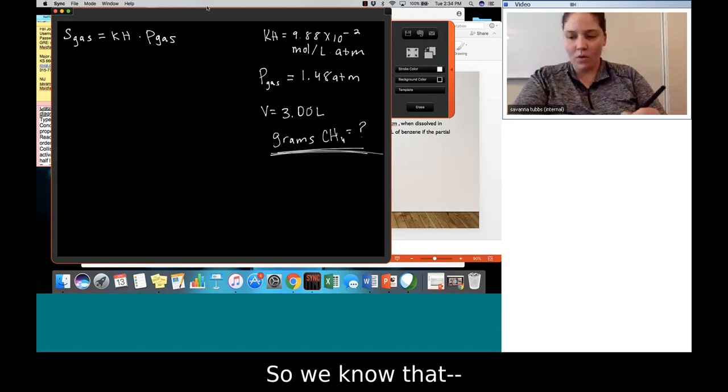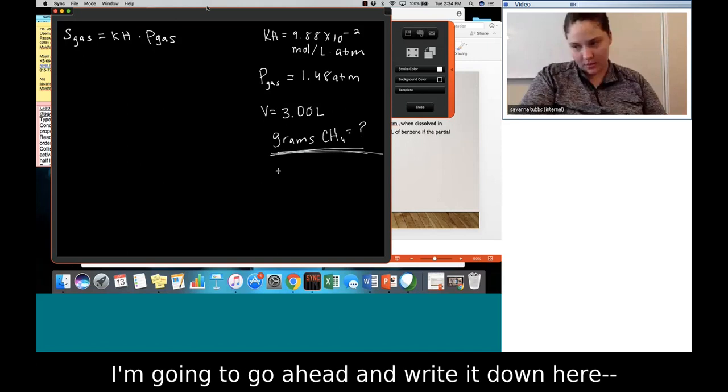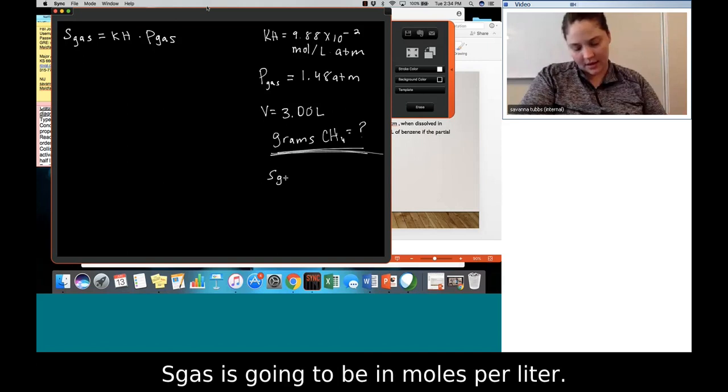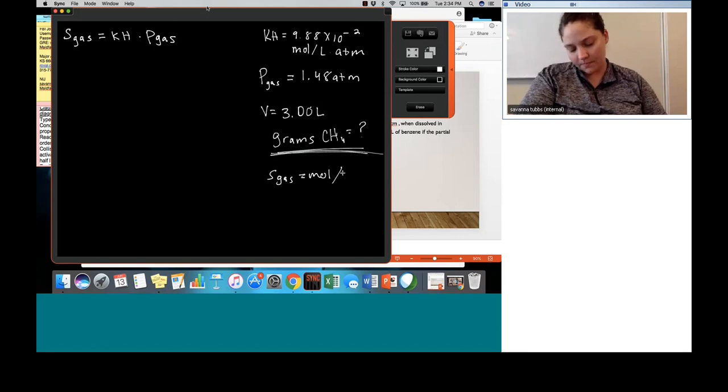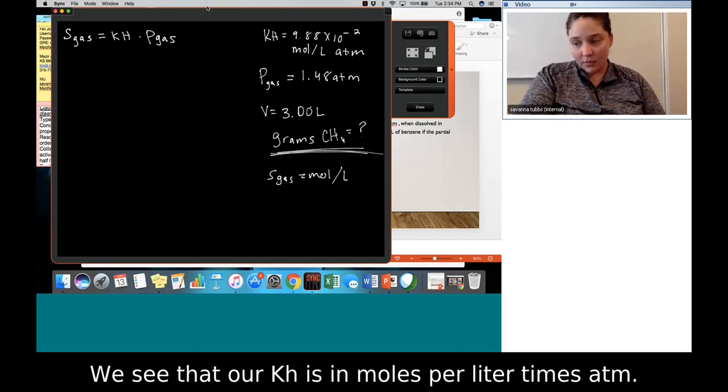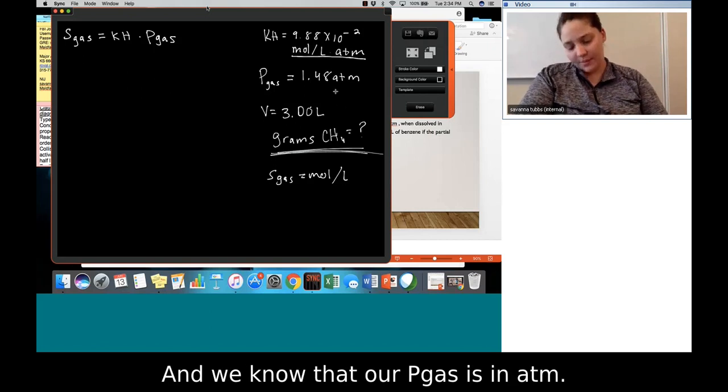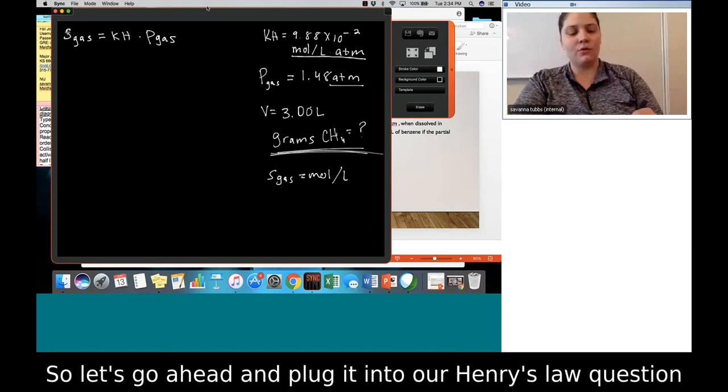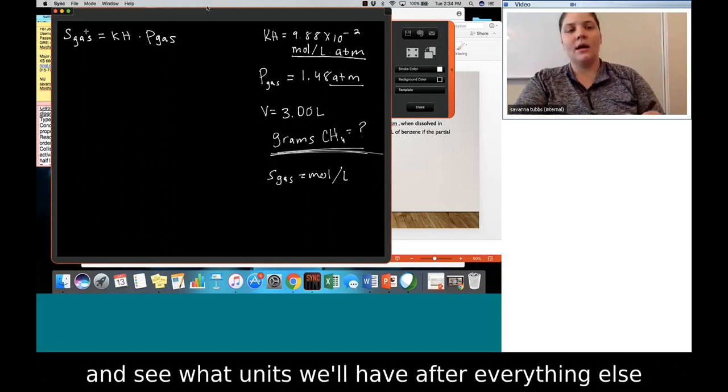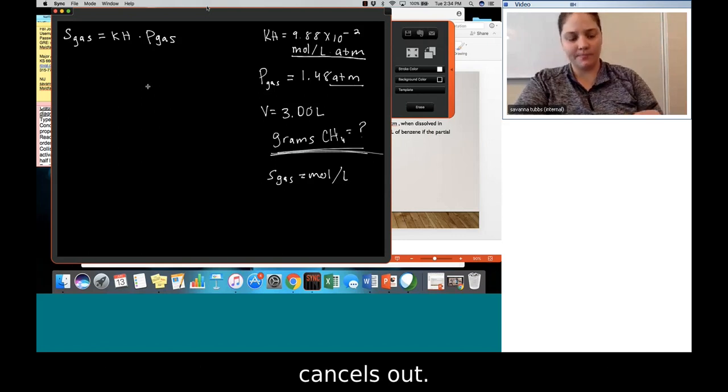So we know that, let's go ahead and write it down here, S gas is going to be in moles per liter. We see that our KH is in moles per liter times ATM, and we know that our P gas is in ATM. So let's go ahead and plug it into our Henry's law equation and see what units we'll have after everything else cancels out.